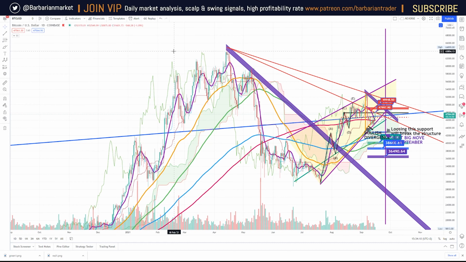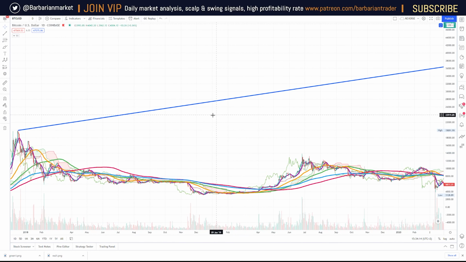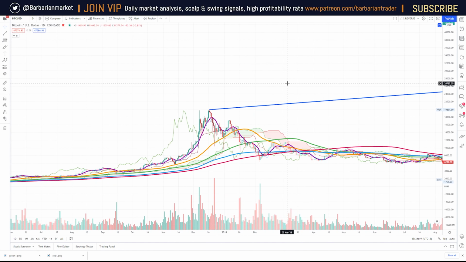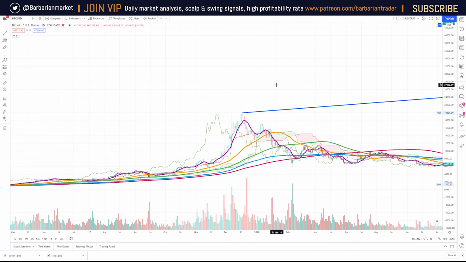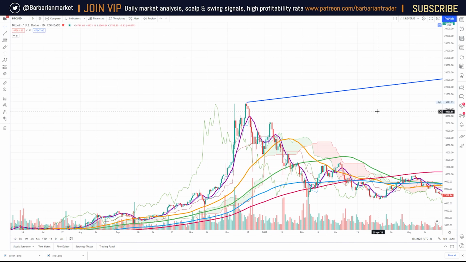A bear market starts with a lot of rising wedges. Let's see 2017, because all of us want Bitcoin to go to $100,000, $200,000, but we have to be realistic. If we let emotions get the best of us, then we are not traders, we are gamblers.